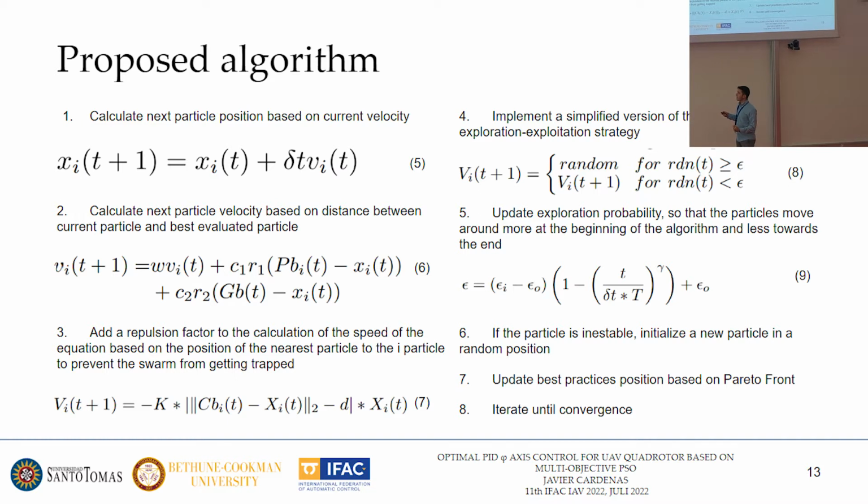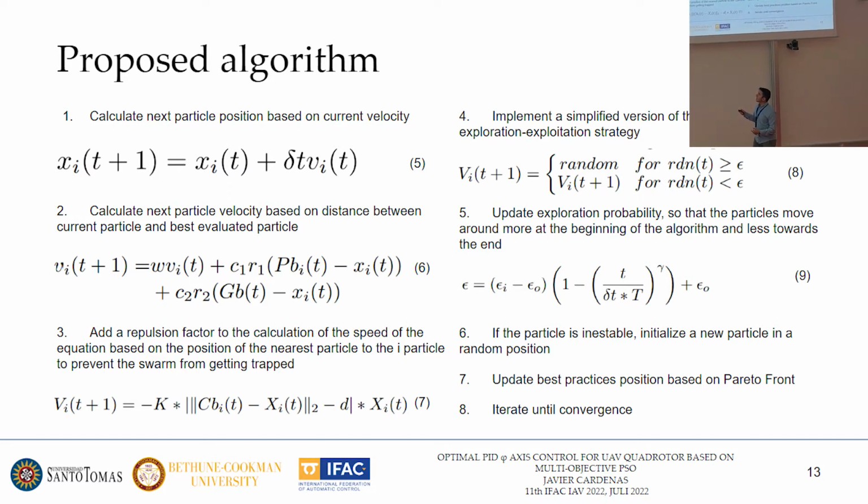Then there are some improvements to this method. We add some repulsion to the particles so that the particles don't go to the same place. They keep a distance to explore more area. And next we have an exploration strategy, where at the beginning of the episode we explore the environment more, and then we choose where to search more.